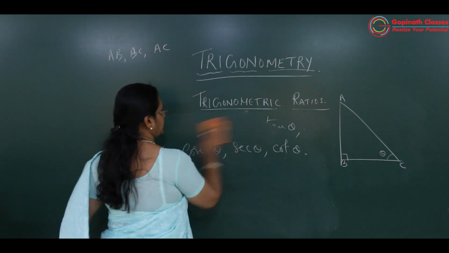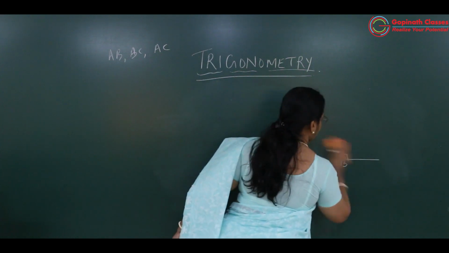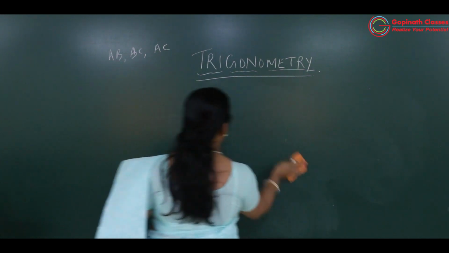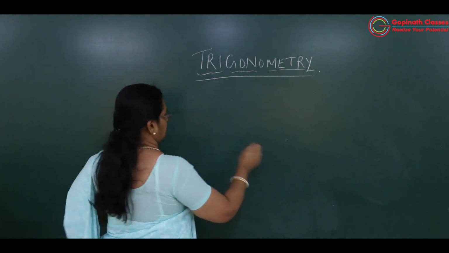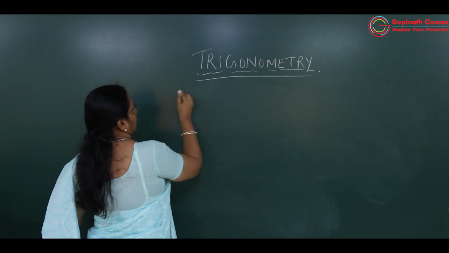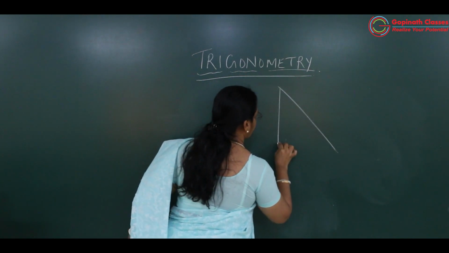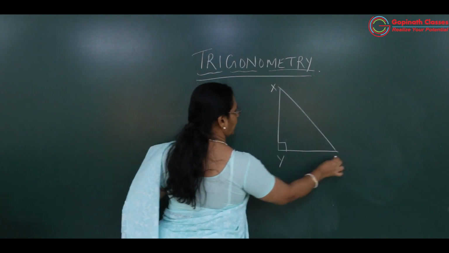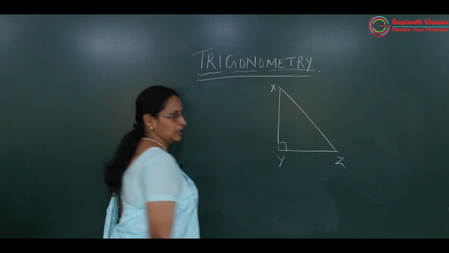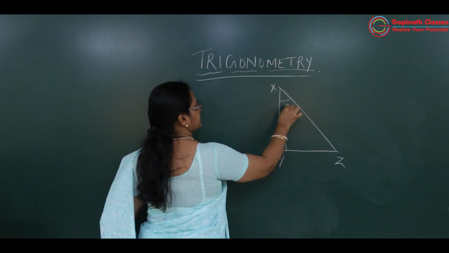Now, I will give you an example. I will give you one triangle and you have to name all the ratios with respect to that triangle. Suppose I am giving you a right angle triangle XYZ, right angled at Y. Y is 90 degrees and I am giving this angle as theta.